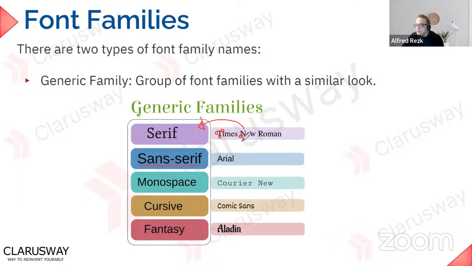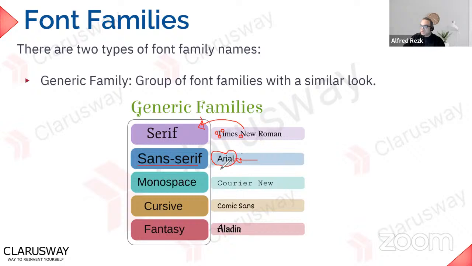Sans serif means it doesn't have the serif in the font, which is much easier to read on the web. So if the letters don't have all these extras, they call it sans serif. An example of a sans serif font is the Arial font. It's very popular to use Arial because it's already in every computer and every operating system.